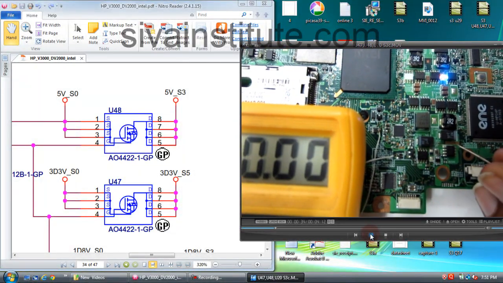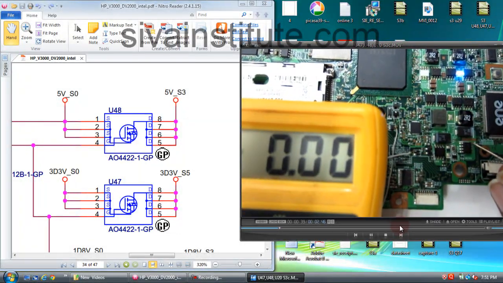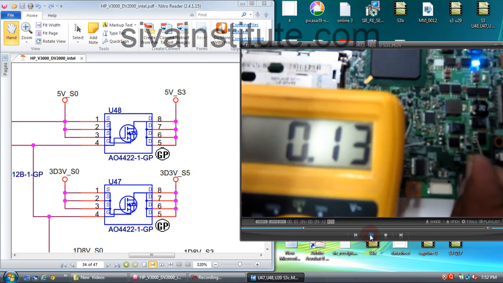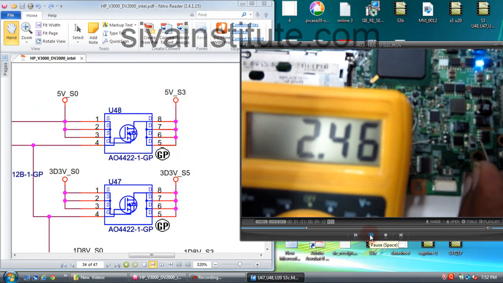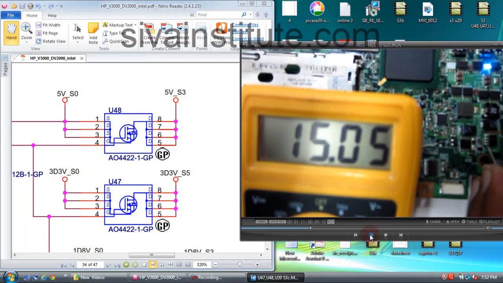We will see the side transistor U47. 3.27, that means 3.3 volts is okay. Output voltage 3.26, this voltage is also okay. We will see gate voltage, gate pin number 4: 15.05.